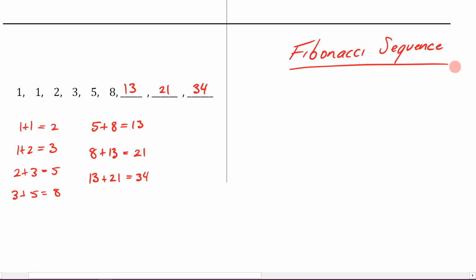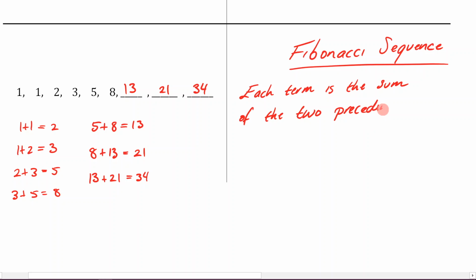This is the Fibonacci sequence, when each term is the sum of the two preceding ones. So each term is the sum of the two preceding ones. That's the Fibonacci sequence. All right, perfect.